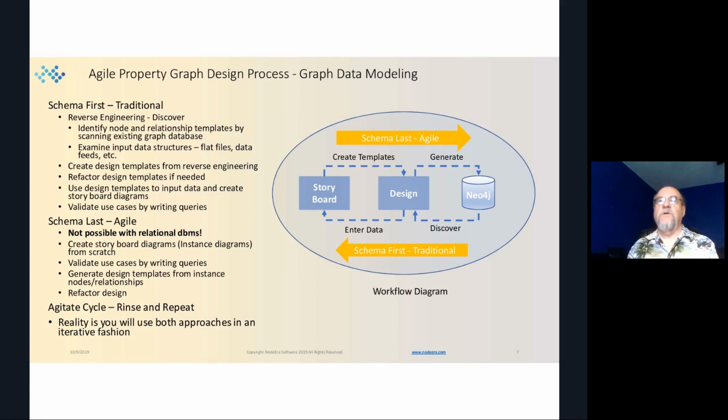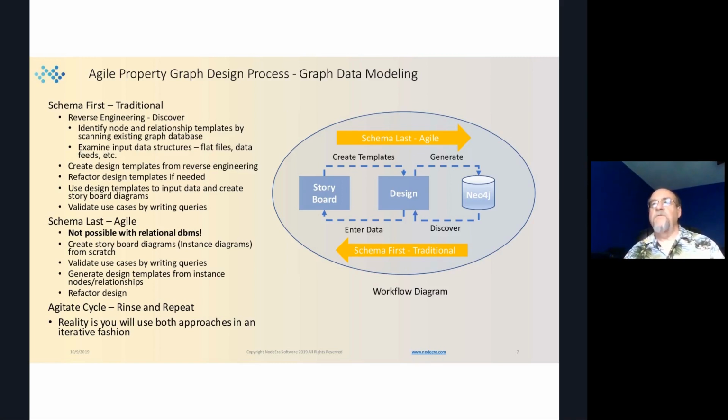We're going to create a storyboard, and we're just going to ad hoc enter nodes and relationships into the database. And we can do that because we don't need to define anything ahead of time. When I'm working on a problem and it just doesn't seem clear to me what the solution is, this is the place to start, because you can just toy around with nodes and relationships and try different ideas until you get something you like.